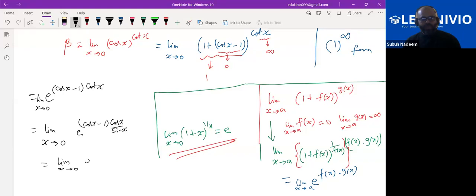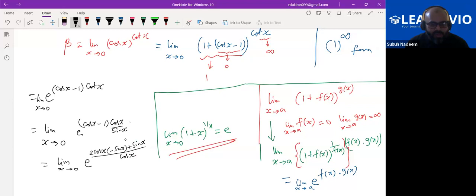If you apply L'Hôpital's rule, it will be cos square x will be 2 cos x into minus sin x, and cos x is minus sin x. So plus sin x upon sin x, the derivative will be cos x. So this is how we applied L'Hôpital's rule.